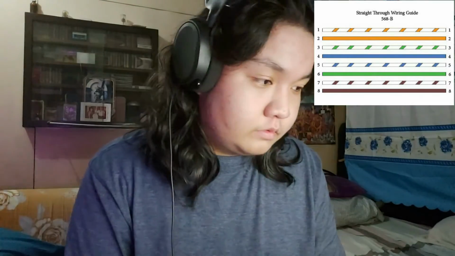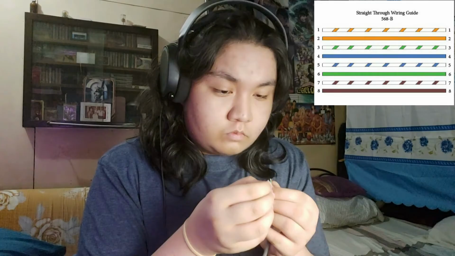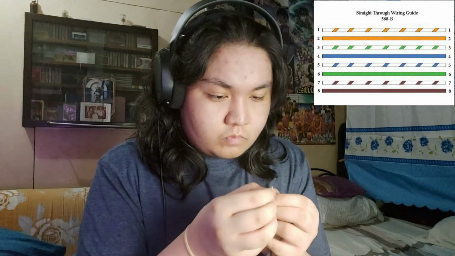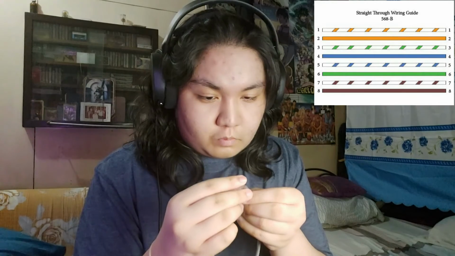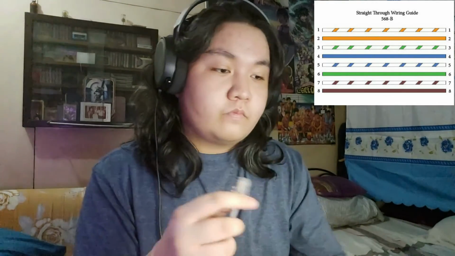Then release our crimping tool. So there, as you can see, we finish both ends, and now we're going to test if it is working.